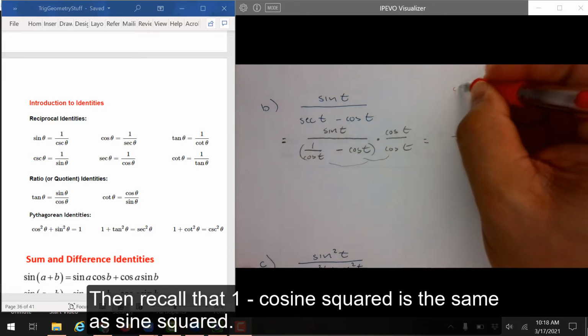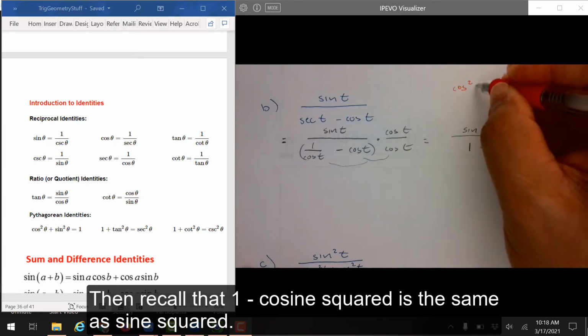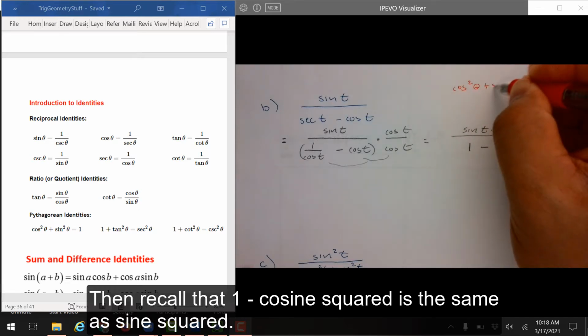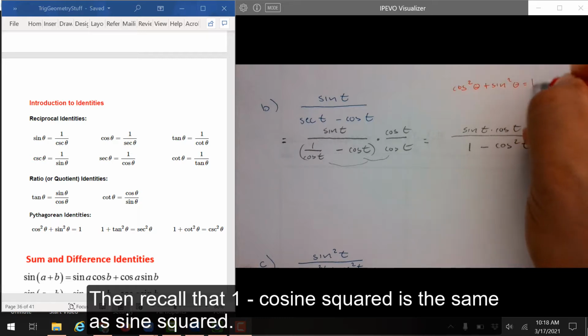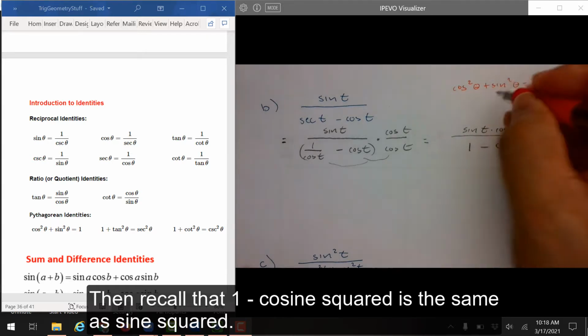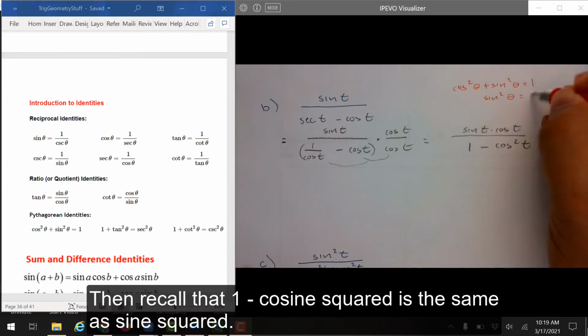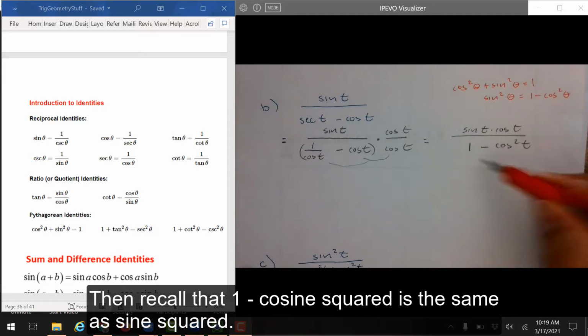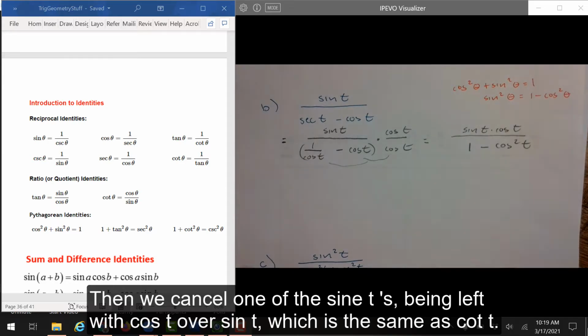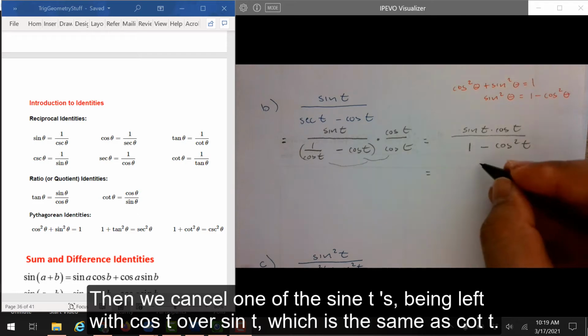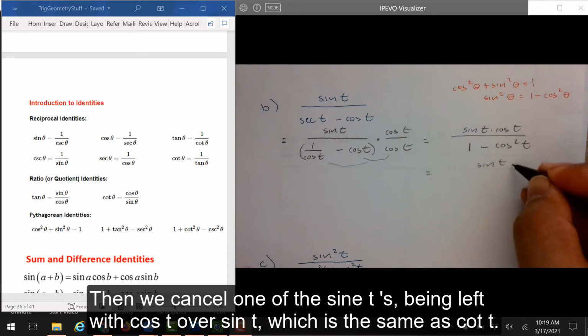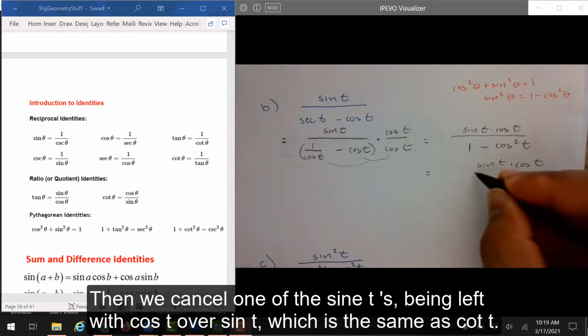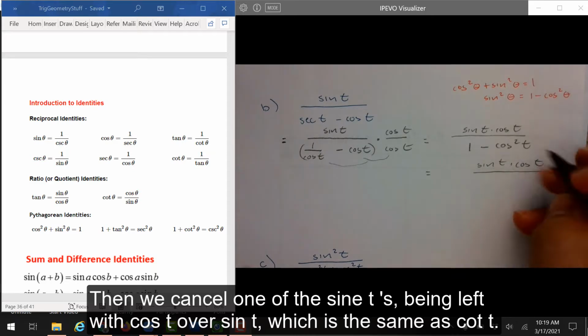Then recall that 1 minus cosine squared is the same as sine squared. Then we cancel one of the sine t's, being left with cosine t over sine t, which is the same as cotangent t.